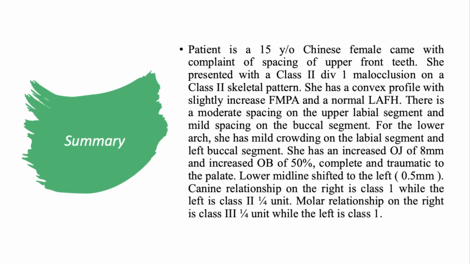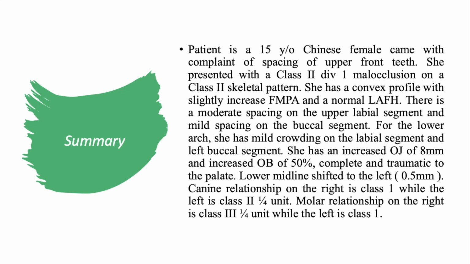So, for the summary, this patient is a 15-year-old Chinese female who came with a complaint of spacing of upper front teeth. She presented with a class 2 division 1 malocclusion on a class 2 skeletal pattern. She has a convex profile with slightly increased FMPA and a normal LAFH, lower anterior face height.